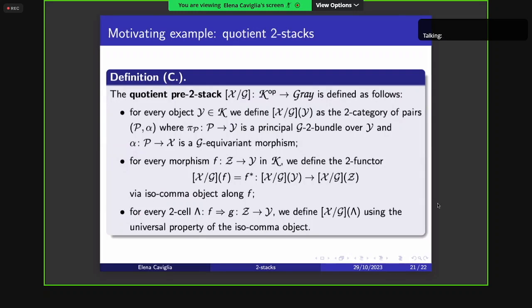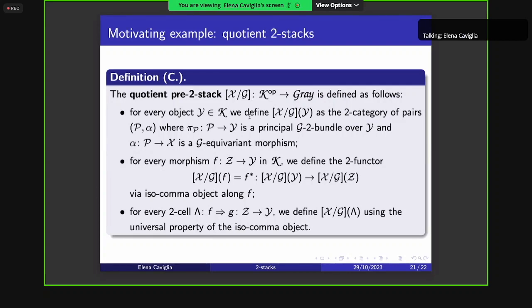This has to do with quotient pre-two stacks. It is a trihomomorphism, in particular a tree pseudofunctor, which is a bit stricter than a generic tree homomorphism.